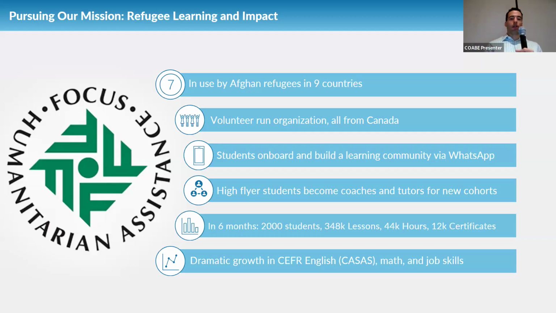We'd like to work with you on developing a new model where we can provide smartphones and connectivity on the ground in new countries for our refugees. But most importantly, we'd like them to have access to Learning Upgrade. Because what they were finding is they have fantastic vocational training, but none of the students were qualifying for it because they didn't have tutors and teachers on the ground that could prepare them to get ready.